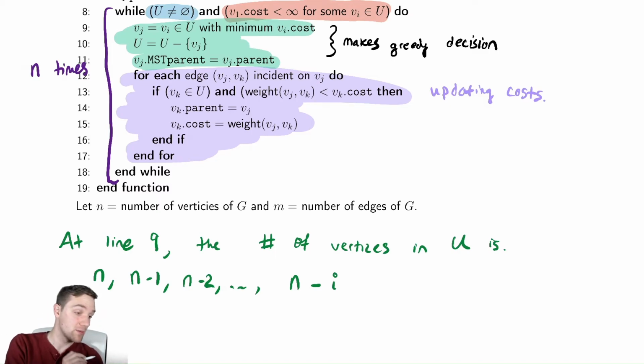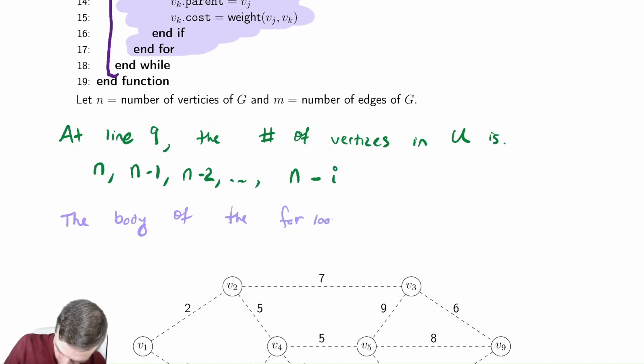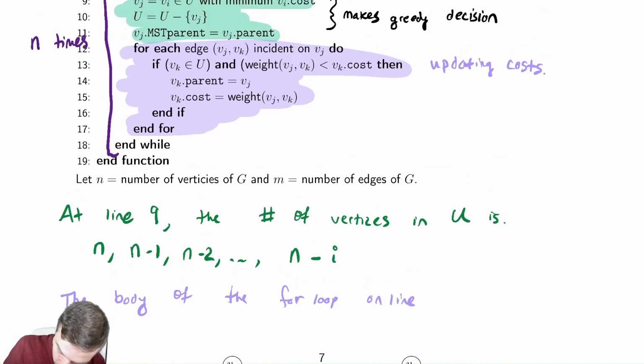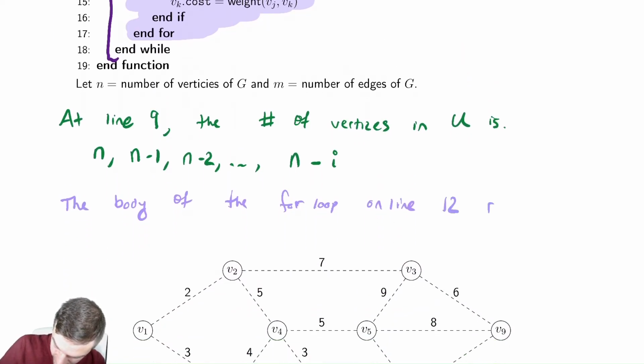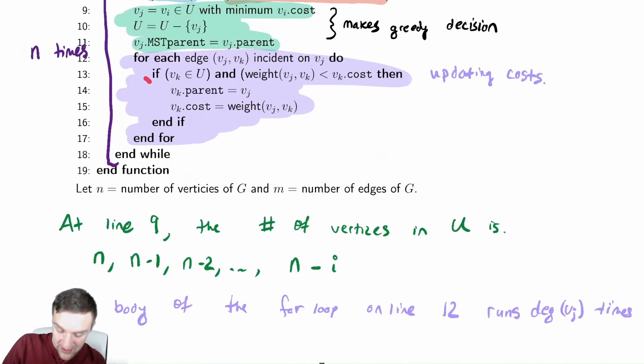As we saw in our graph algorithms section, we're looping over every edge incident on V sub j. Therefore, the lavender code, the body of the for loop on line 12, runs degree of V sub j times.